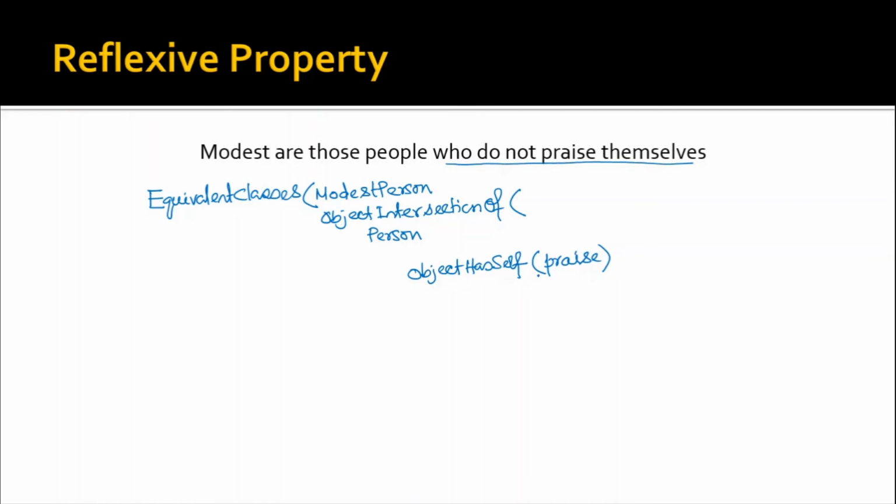By this we are saying that praise is a reflexive property. And we need a complement of this, the persons who do not praise themselves. So object complement of. We close this, close this, close this, and close. Now, how do we represent this in first order logic?